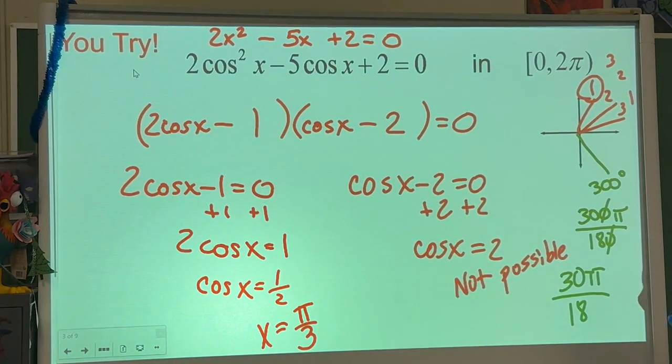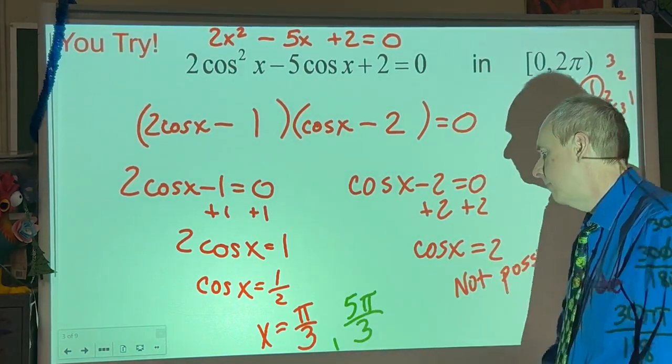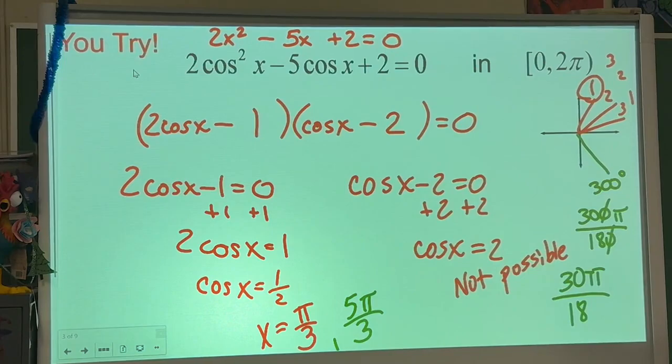Well, they're even. Yes, you could cut them in half, but we can do better. 5 times 6, 3 times 6. Sounds to me like they're both divisible by 6. So let's divide by 6, divide by 6. Those are our two answers.